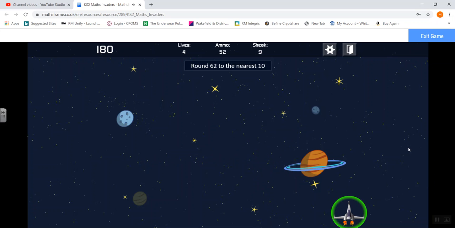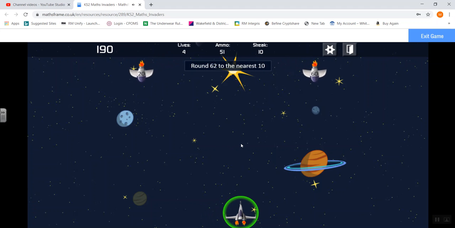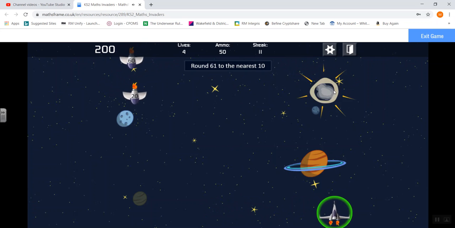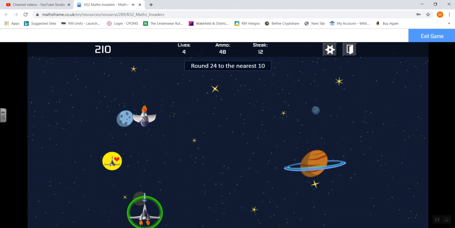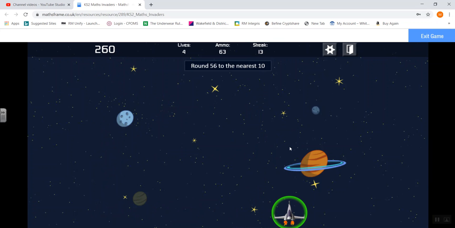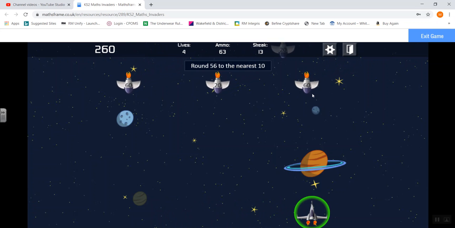Dodge those missiles. 62 rounded to the nearest 10 again. 61 rounded to the nearest 10. 24 rounded to the nearest 10. Oh, dodge those missiles. Okay, so you can see how the game is played.